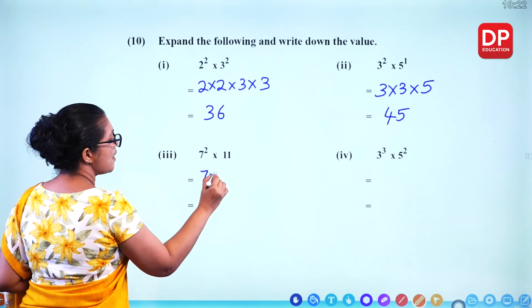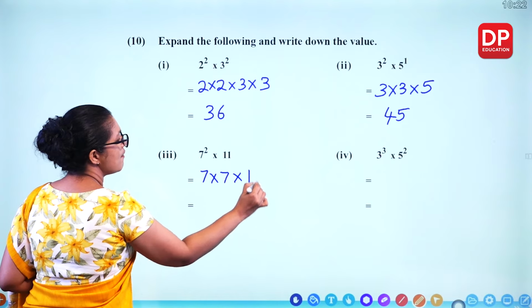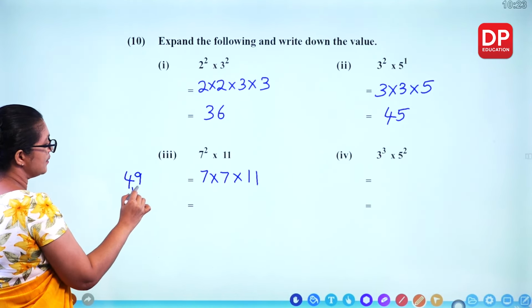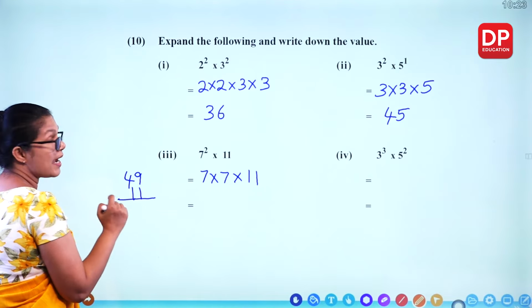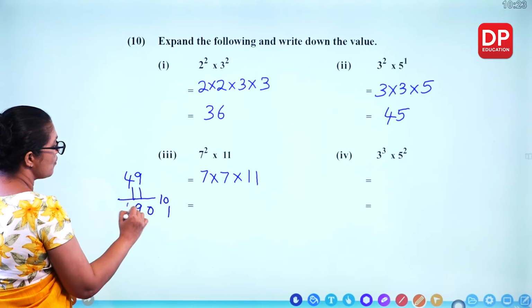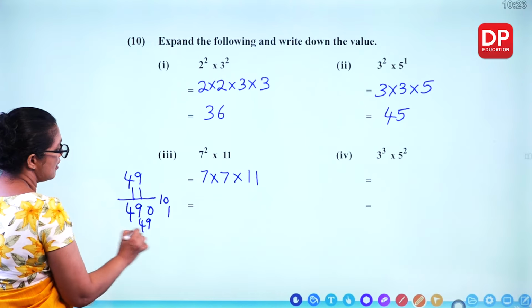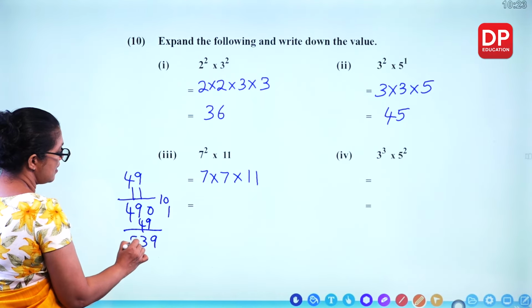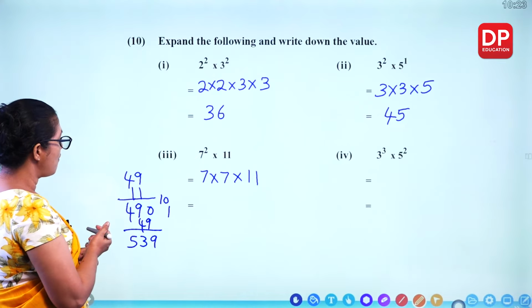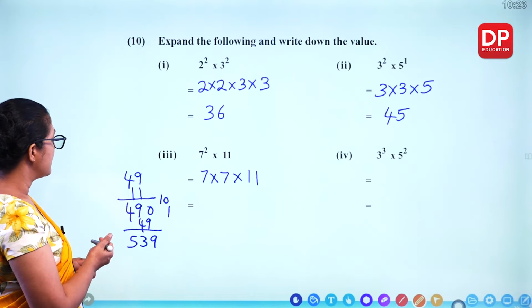Here 7 times 7 times 11. 49 times 11. Multiply this by 11. 10 and 1. You get 9, 3 and 5. 539.